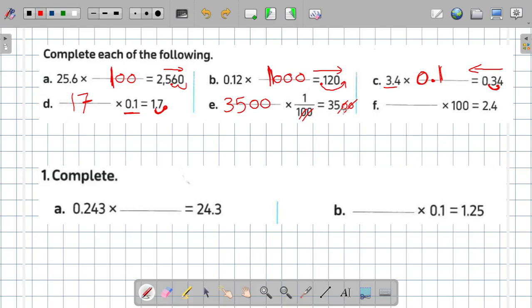I have a number divided by 100 equals 2.4. So what was the original number? I think we moved the decimal point two places to the right. So it was like here.